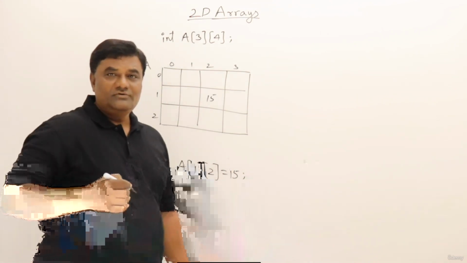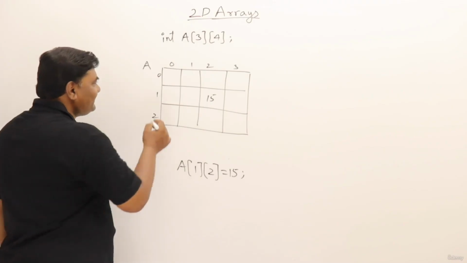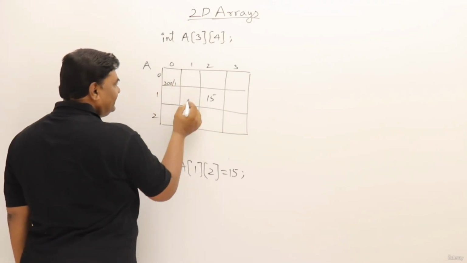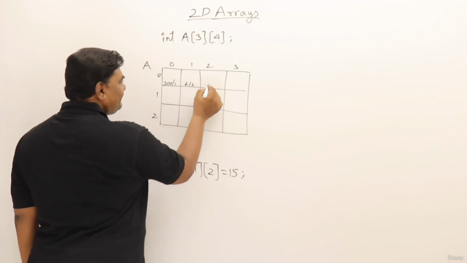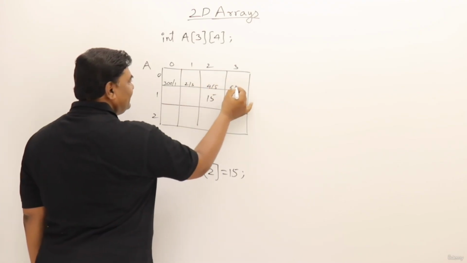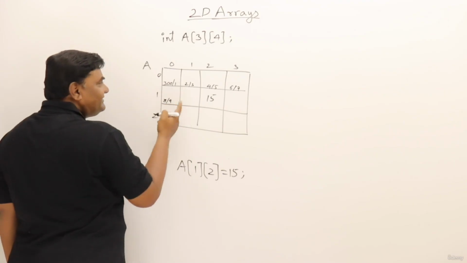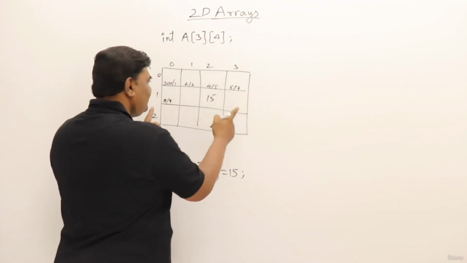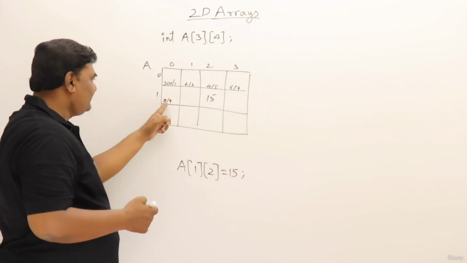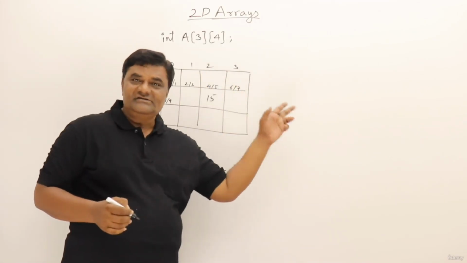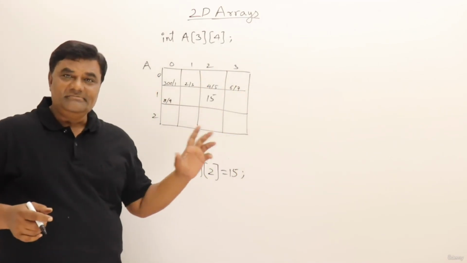The one fact about a two-dimensional array is, if I say the starting address of these 2 bytes is 300 and 301, then this is 2 and 3, 4 and 5, 6 and 7, then definitely this will be 8 and 9. See, though we are drawing it in a two-dimensional, rectangular form, this location is next to this location. So it means the locations are allocated contiguously side by side.